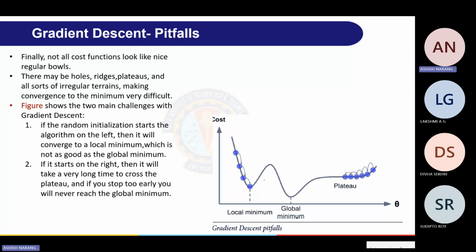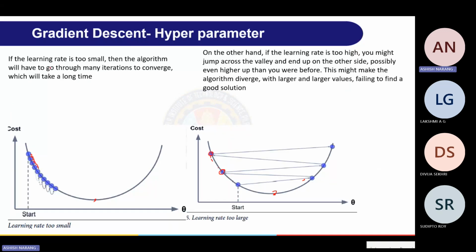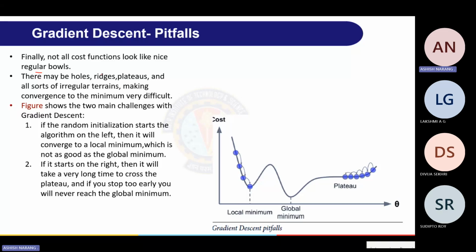What are the pitfalls of gradient descent? We've just seen the approach, right, as of now. Don't worry. Not all the cost functions look like nice regular bowls, right? So this was a bowl-shaped function which we were talking about in the earlier slide, but this is not a bowl-shaped function. If you look at this particular slide, the function could also be like this.